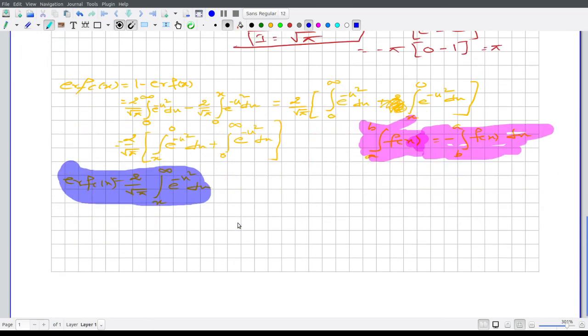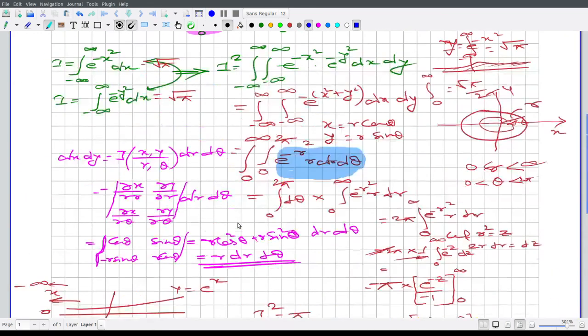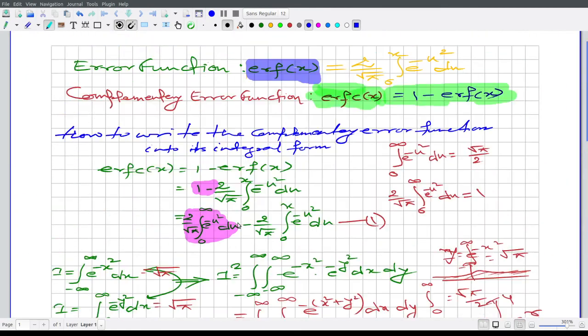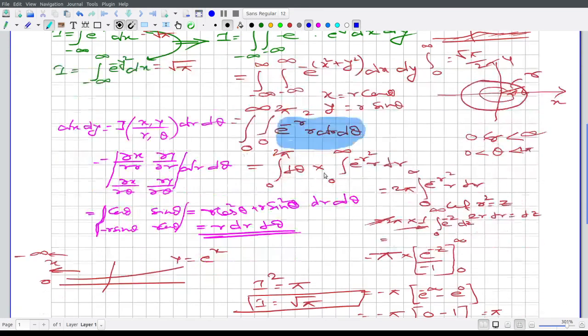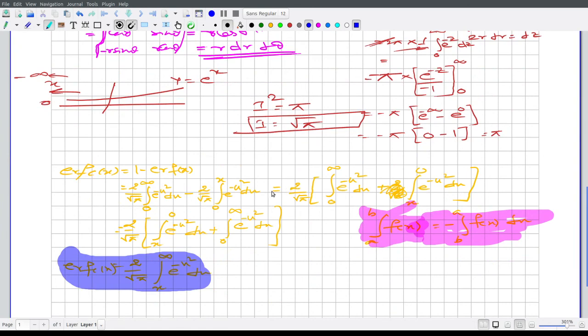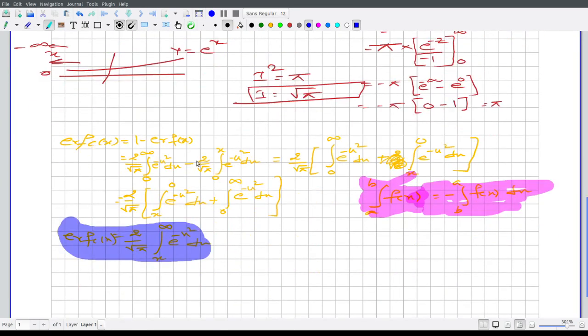So this is all about the simple conversion of the complementary error function into its integral form. In the next video I will continue with the same concept.